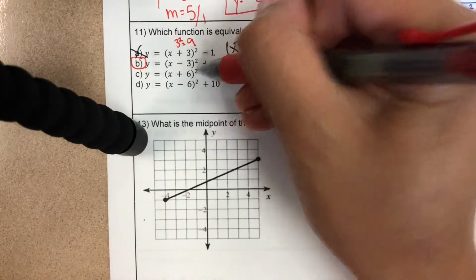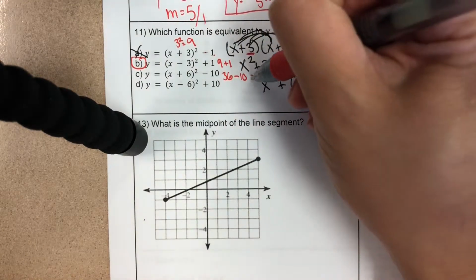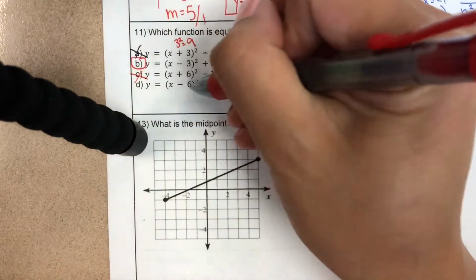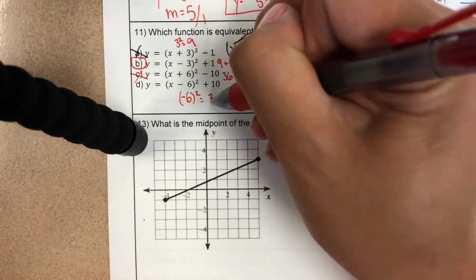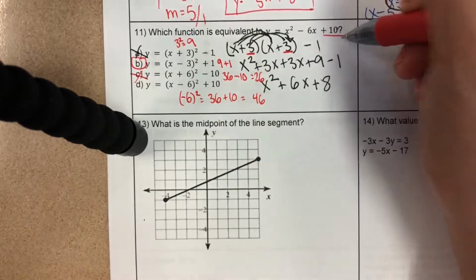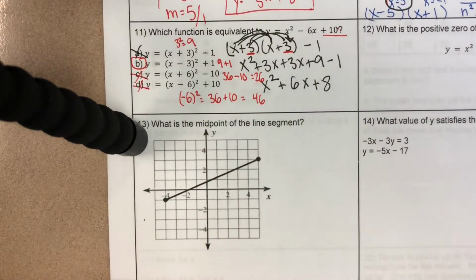Right here, 6 squared, that is 36, and then minus 10 is 26. That's not going to give me 10, so I can X that out. Negative 6 squared is 36, and then plus 10 is going to give me 46. That is not my constant of positive 10, so my final answer needs to be B.